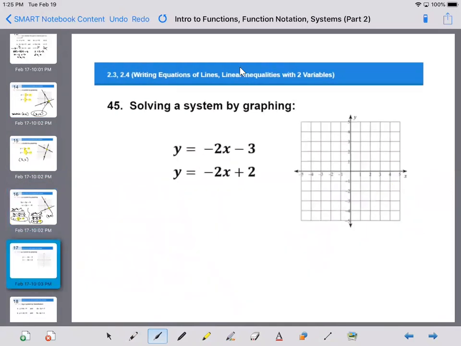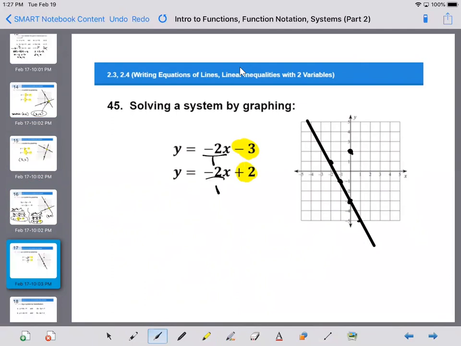Another one where they're both in slope-intercept form, because I'm going to start there at negative 3. My slope will be negative 2 to 1, so down 2 to the right 1, or up 2 to the left 1. And then the same thing here, I'm going to start at 2. And it's the same slope.